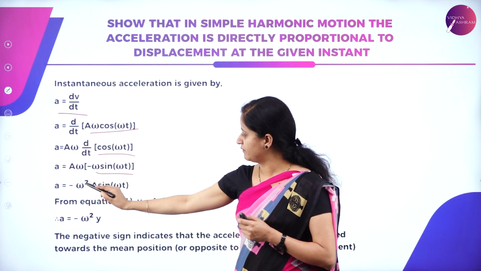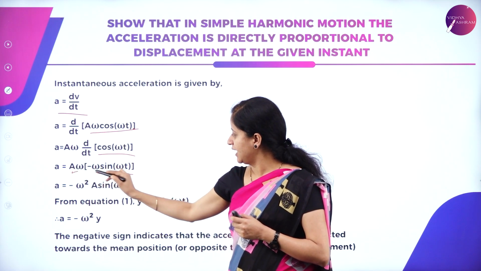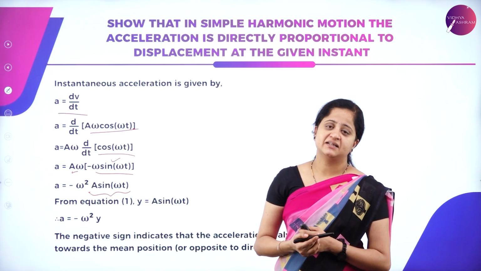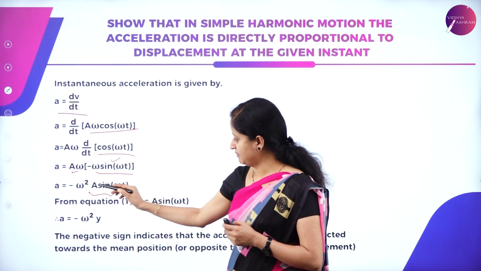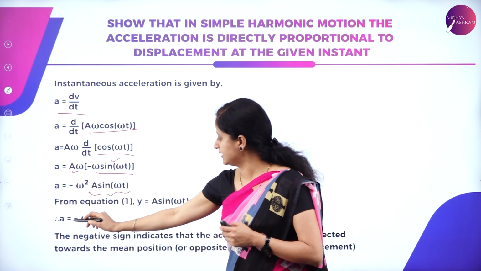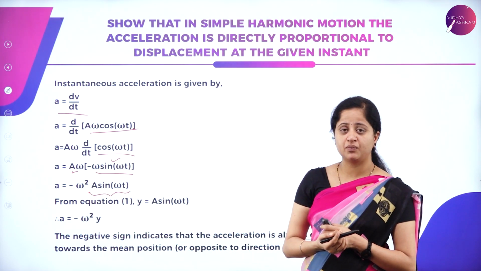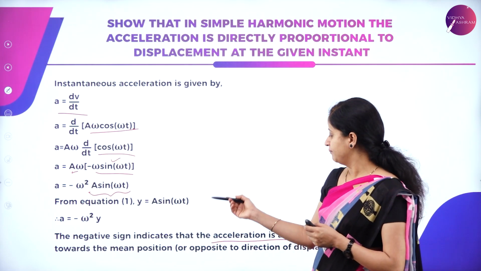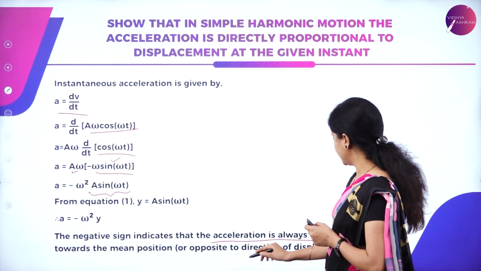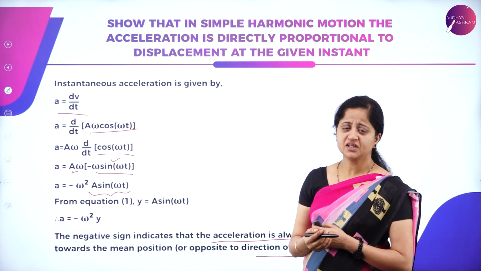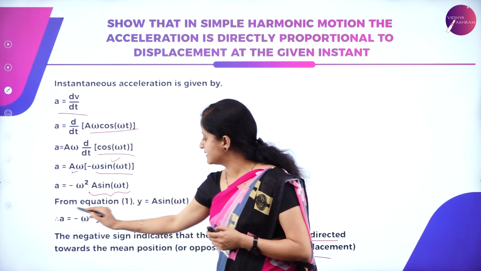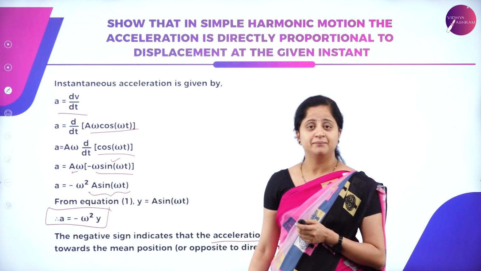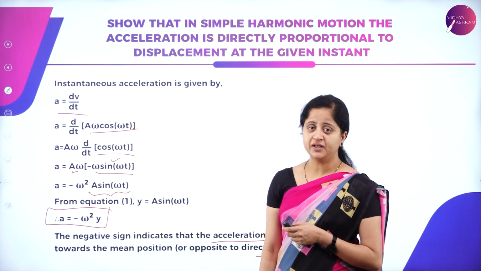Multiplying these two we will get minus omega square a sin omega t. But what is a sin omega t? A sin omega t is nothing but y, that is displacement, and this can be replaced by the letter y. So, a is equal to minus omega square y. Here the negative sign indicates that the acceleration is always directed towards the mean position, or opposite to the direction of displacement. From this we can conclude that acceleration is directly proportional to displacement and it is always directed towards the mean position in simple harmonic motion.